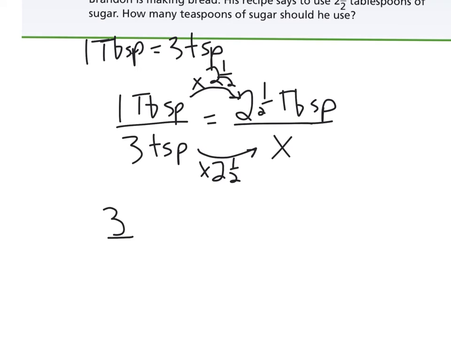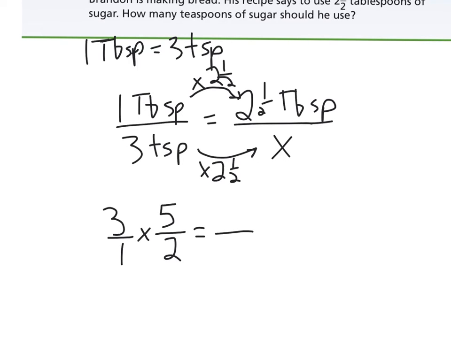We could put 3 as 3 over 1. The 2.5 we would have to change to an improper fraction. So 2 times 2 is 4, plus the 1 on top would be 5 halves.